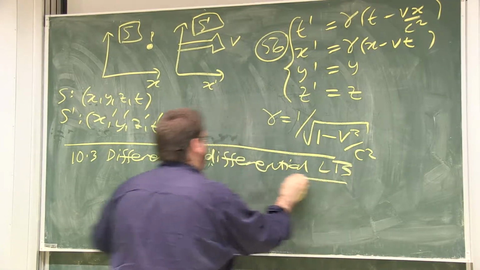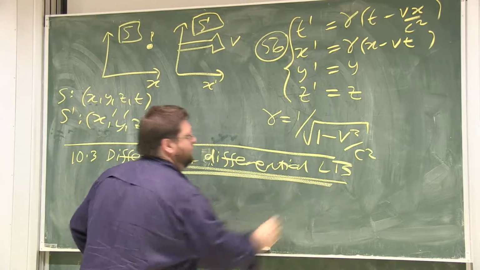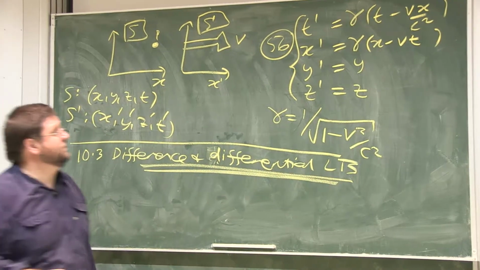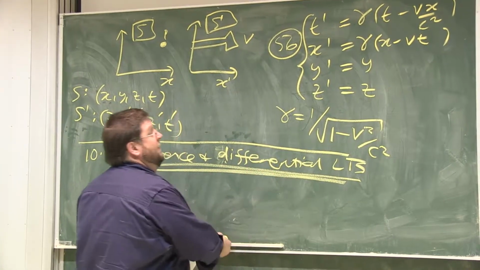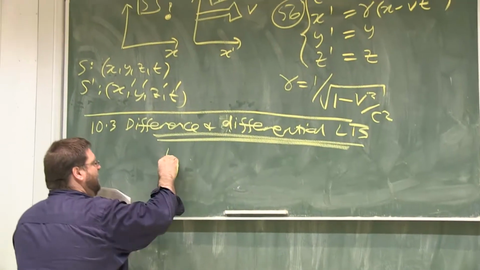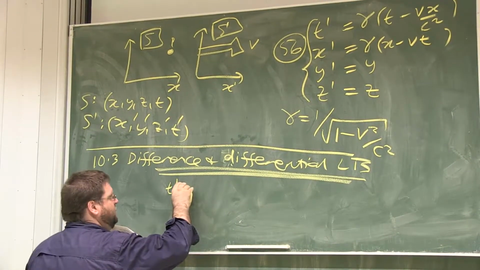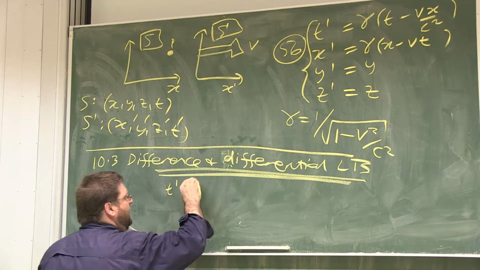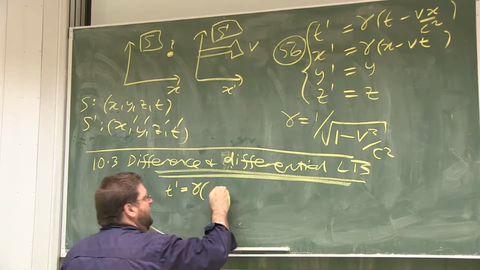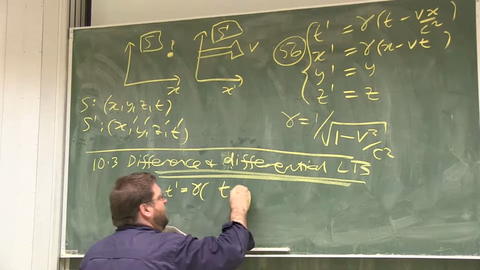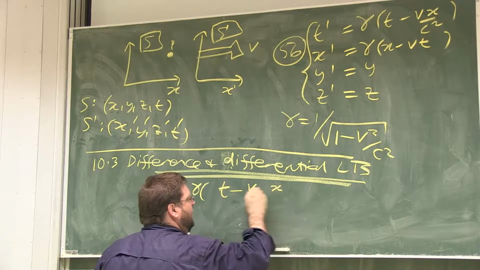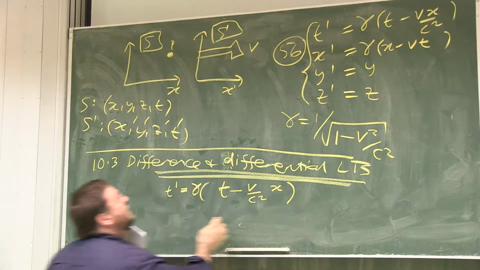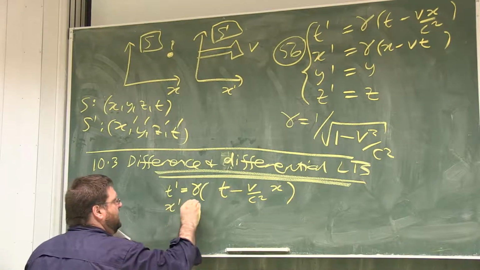So let me write the Lorentz transformations once again, leaving a judicious gap. Gamma factor T minus V x on C squared, x prime, etc.